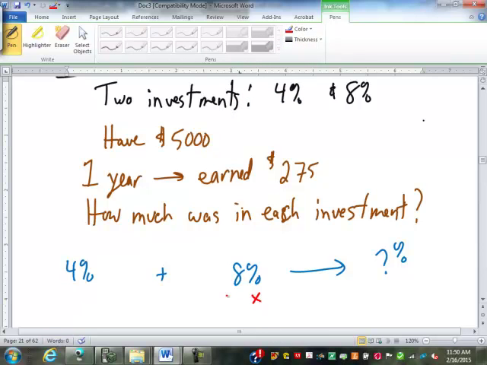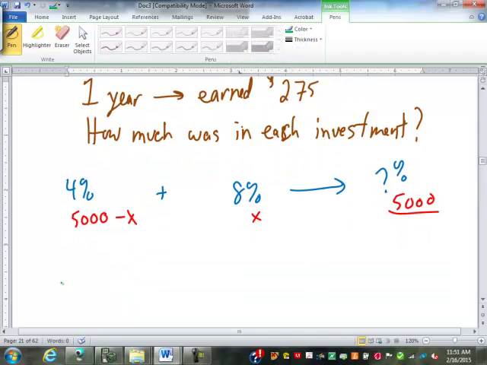Again, I always let X be the amount for the larger percent because that avoids having to work with negative numbers later on. Of course, we know that 5,000 was the total amount invested in both of them combined, so if X was the amount at 8%, then the amount at 4% was 5,000 minus X.